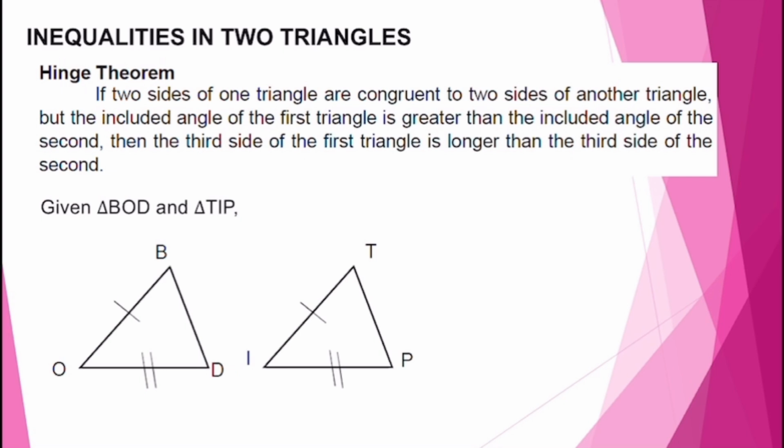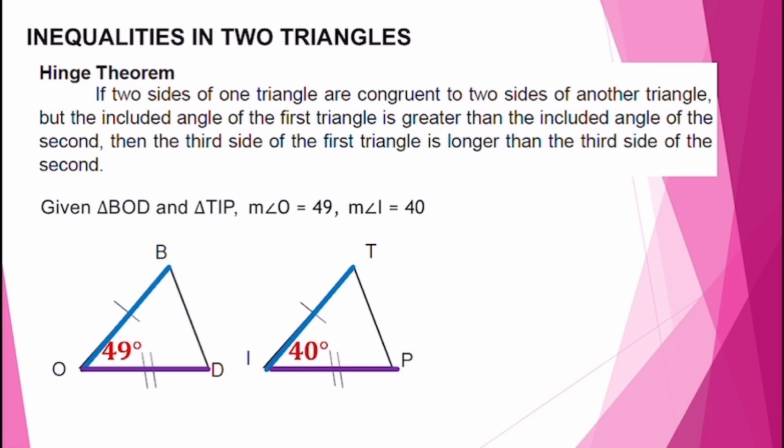Given the triangle BOD and triangle TIP, the degree measure of angle O is 49 degrees, and the degree measure of angle I is 40 degrees. Note that in triangle BOD and triangle TIP, line segment BO is congruent to line segment TI, and line segment OD is congruent to line segment IP.